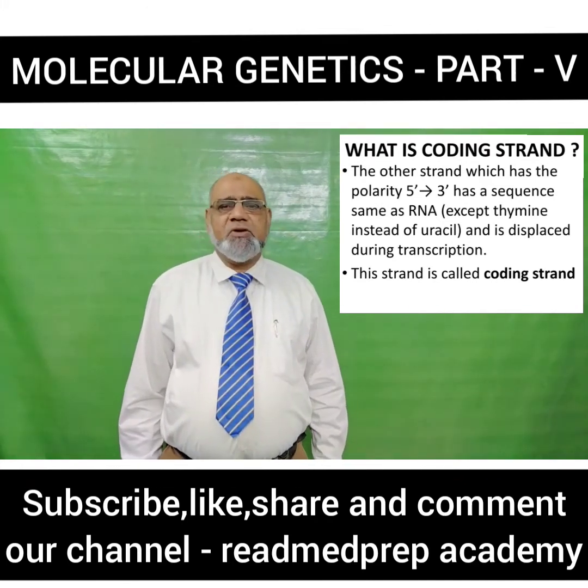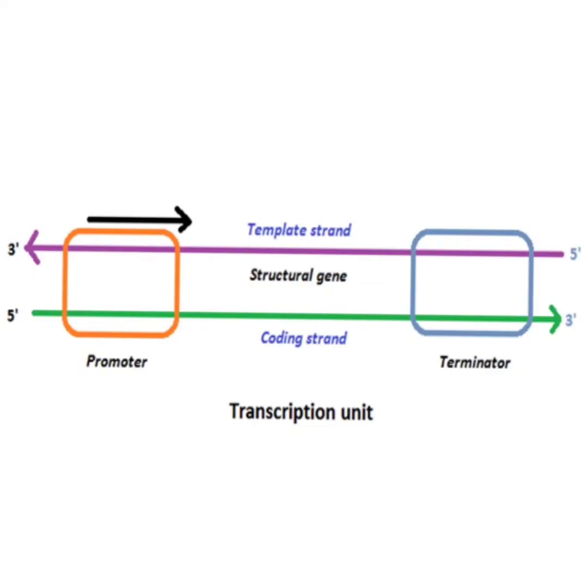This strand is called the coding strand. Here you can see a promoter site, a structural gene, and a terminator, a 3' to 5' strand called the template strand, and a 5' to 3' strand called the coding strand, and this is a transcription unit.